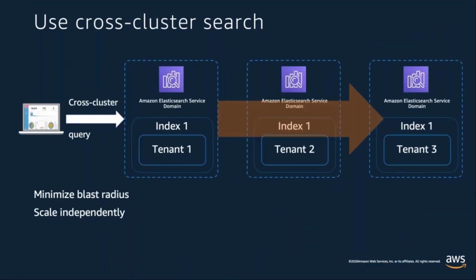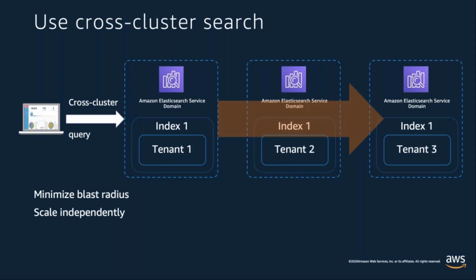And then finally, when we get to the really high end, we recently launched support for cross-cluster search. What this lets you do is join multiple clusters, so you can send a query that spans across multiple Amazon ES domains.